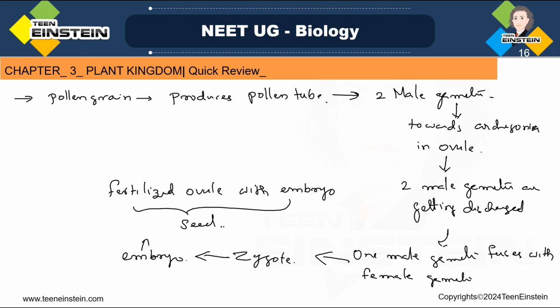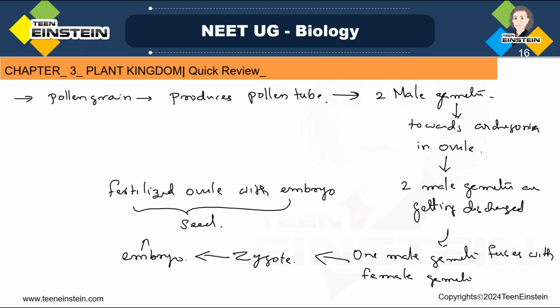Clear? And these seeds in gymnosperms are not covered with ovary wall or fruit wall, so they are called as naked seeds or gymnosperms. Gymnosperm seeds are formed, but ovary or fruit is not formed. That's why they are called naked seeded plants.